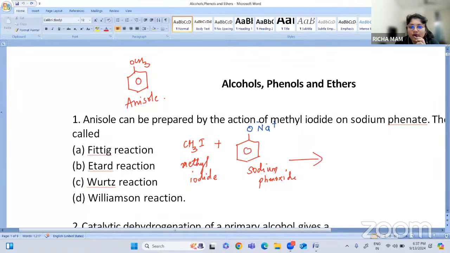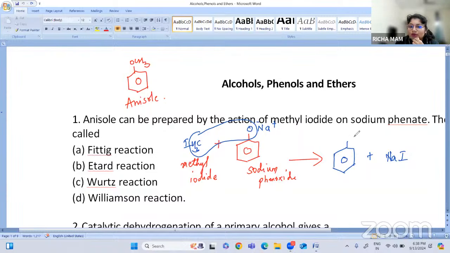Just see the combination: CH3I, so CH3 will combine with O, and Na plus leaves. This is the compound which is formed. So which is this reaction? The reaction mechanism. It is a simple what? What is formed here?